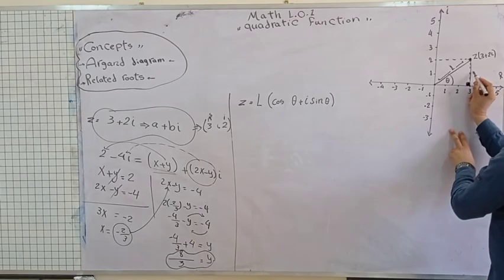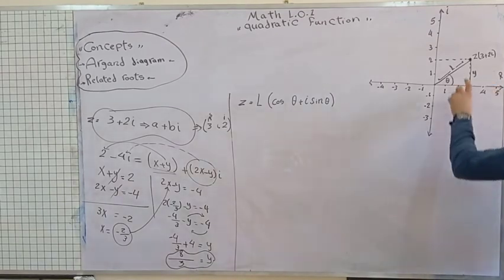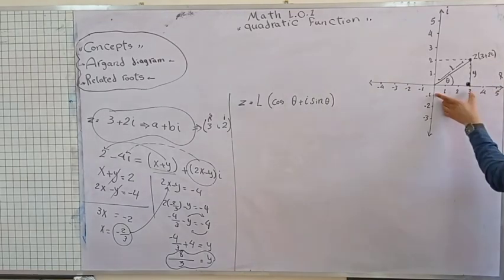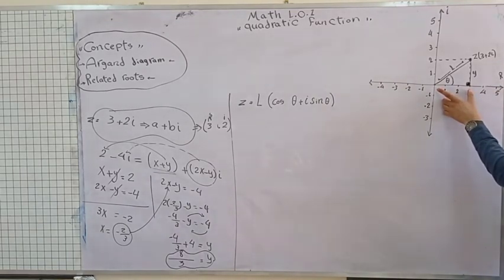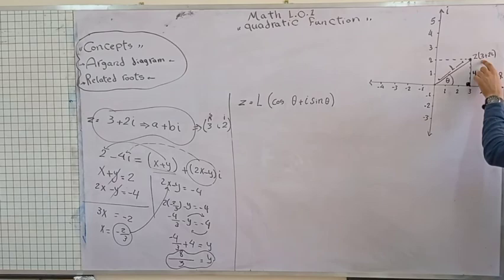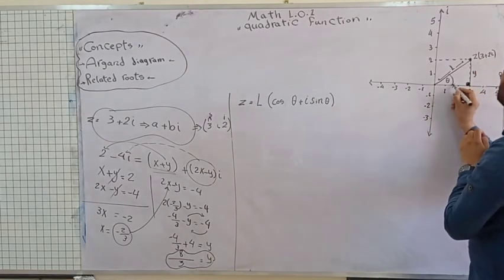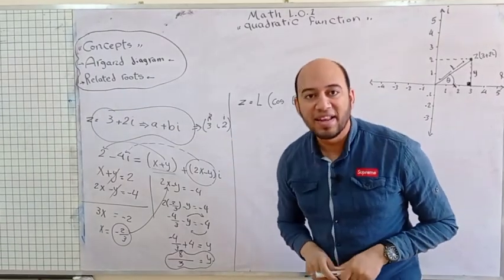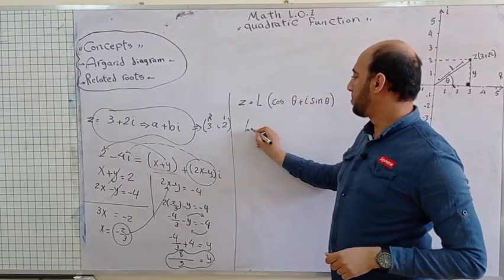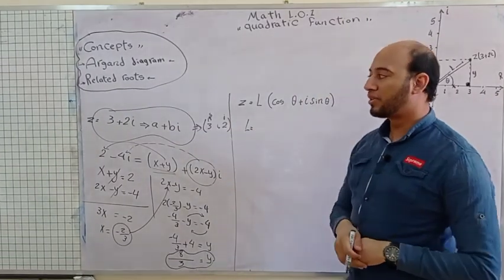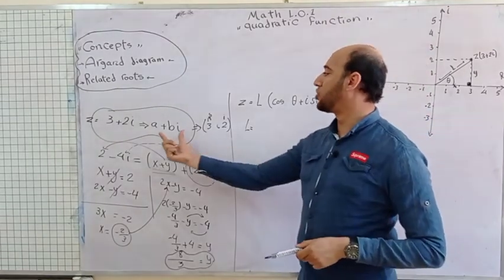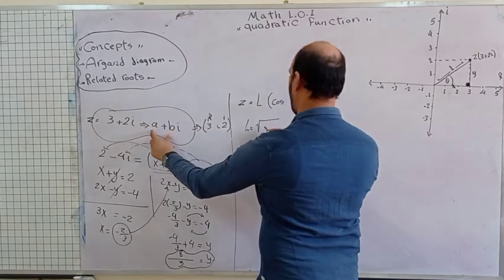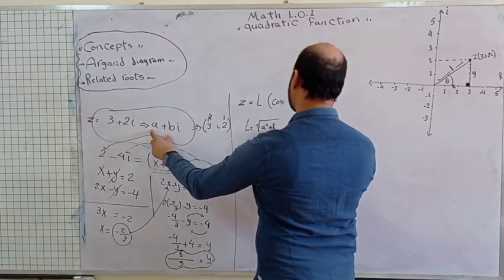This side represents y, which equals 2, and this side represents x, which equals 3. Then we can get L from the ordered pair form or the algebraic form. L equals the square root of a square plus b square.